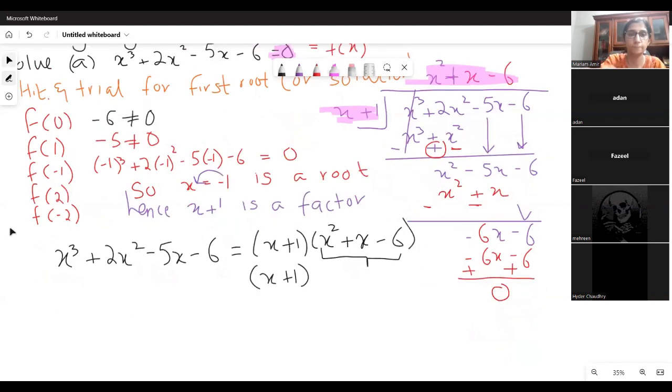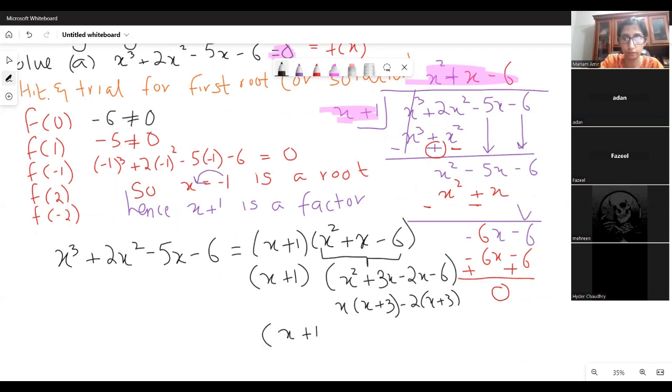Do middle term breaking. So let's see if it's possible. x square plus 3x minus 2x minus 6. So x is common, x plus 3. Minus 2 is common, x plus 3. So the final completely factorized expression is this, which you equate to 0, and you get your 3 roots.